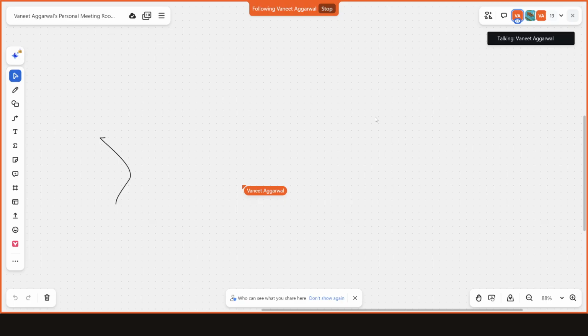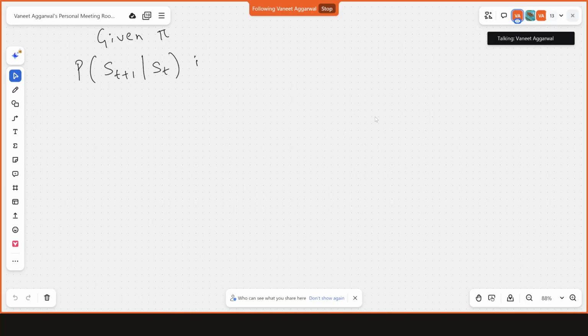So, one of the interesting things here is that if I'm given a policy, the transition probability of s t plus 1 given s t is determined. Why? Because the environment gives us p of s t plus 1 given s t and a t. This is given by the system.